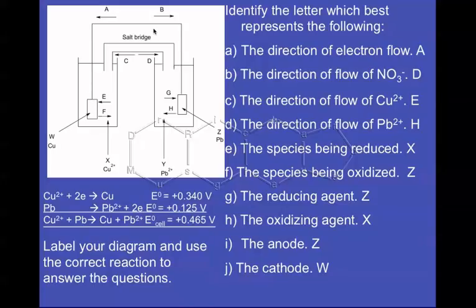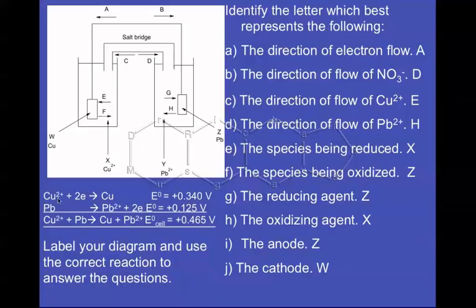That means they must be flowing towards direction A. The other thing we can look at here is that Pb is turning into Pb2+ plus 2 electrons, so the lead is actually giving up 2 electrons. So the 2 electrons that the copper 2+ is accepting are the very 2 electrons that the lead is giving away, and they're traveling through here in direction A. Nitrate. Nitrate flows through the salt bridge, so the answer is either going to be C or D.